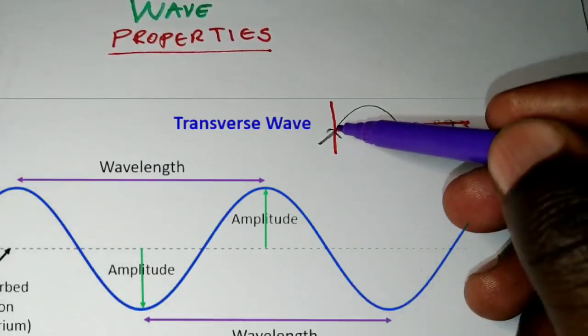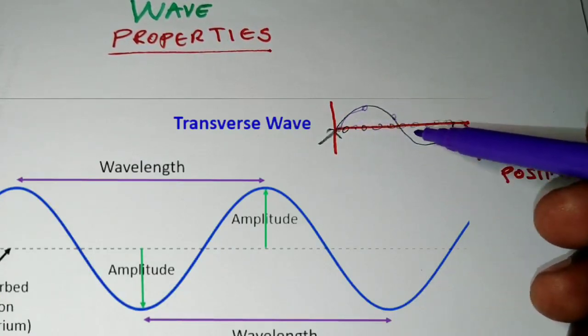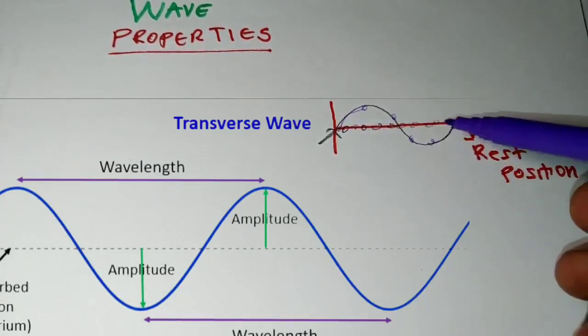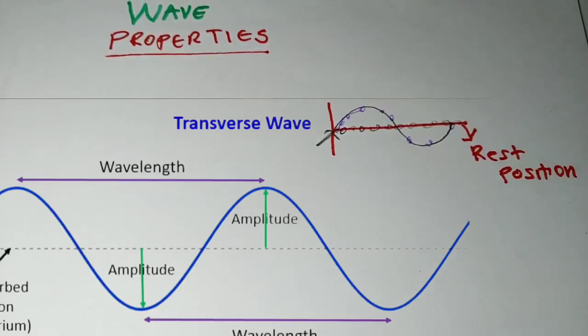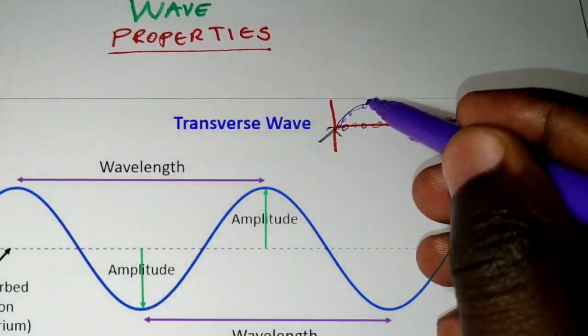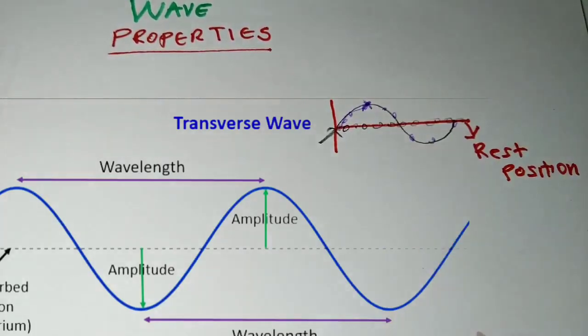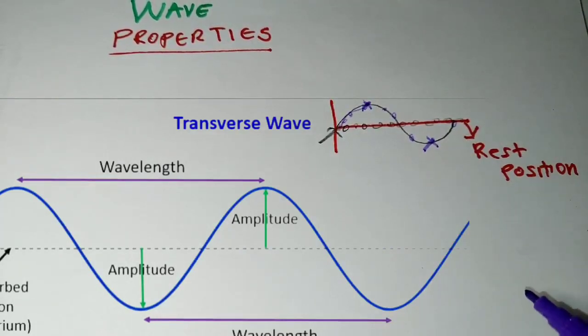They start moving like that from their rest position. As they're being displaced, we're simply looking at the maximum displacement. The maximum displacement will be at this point there. Similarly again, the maximum displacement will be at that point there.